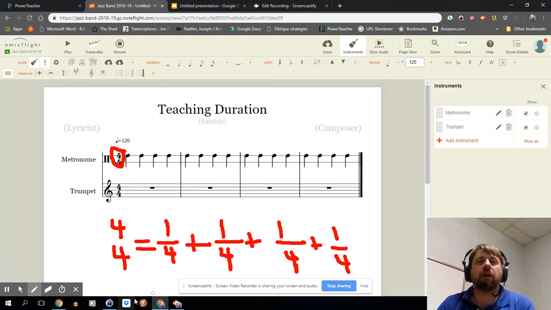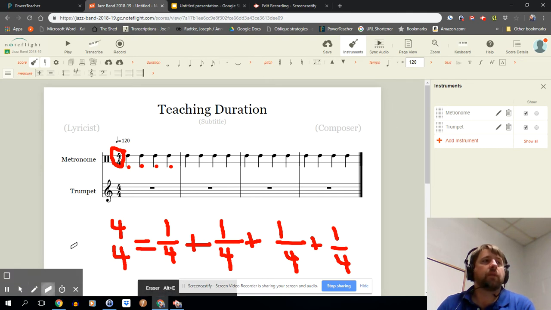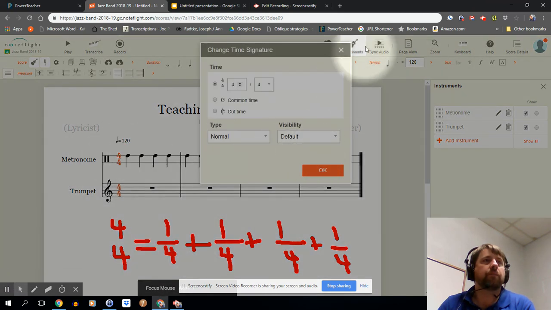Okay, so there's our math. There's 4 quarters in this measure. If you look, there literally is a quarter there, a quarter there, a quarter there, and a quarter there, right? So when we're counting our music, we are counting quarter notes if it says 4-4, like that one does right there. Okay?